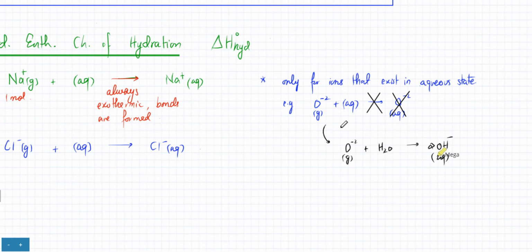You do remember that any oxide like sodium oxide would turn into NaOH. TK, it won't dissociate. If you add sodium oxide to water, there is no O2- ion forming, there's NaOH forming. So is this clear that enthalpy change of hydration is only for those ions that actually turn into aqueous ions? Clear? Yes, sir.